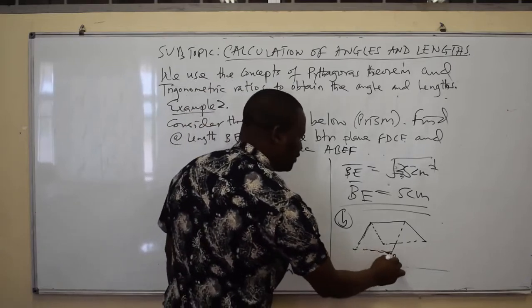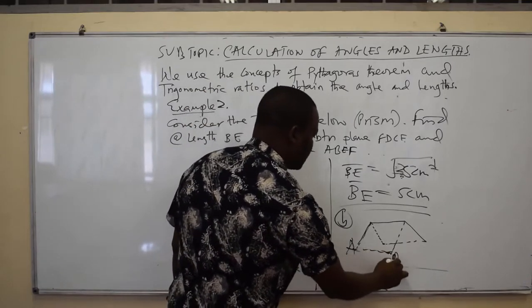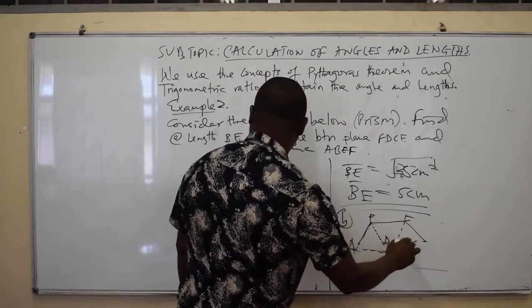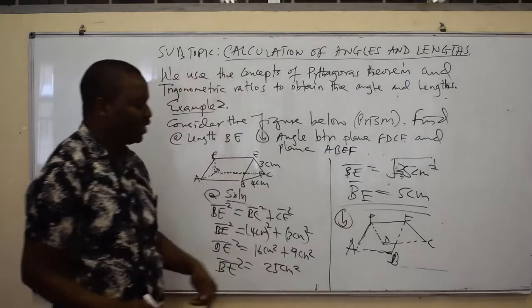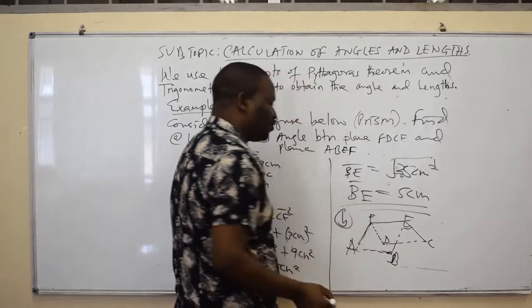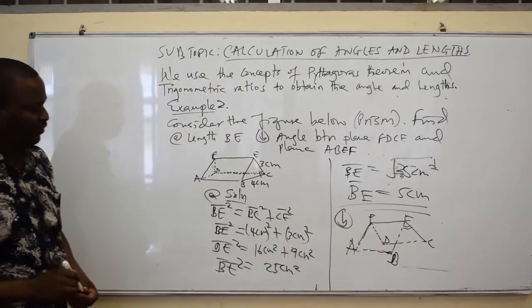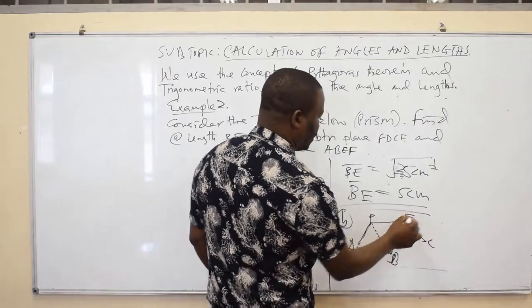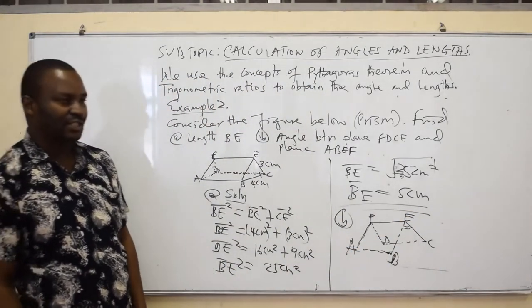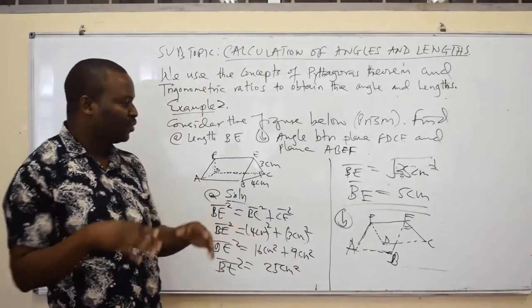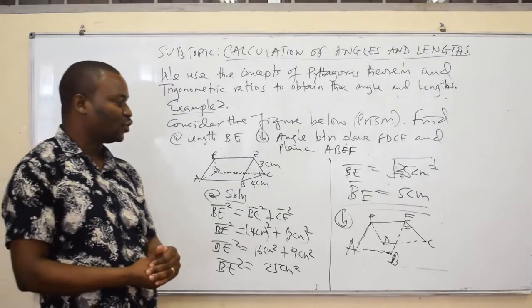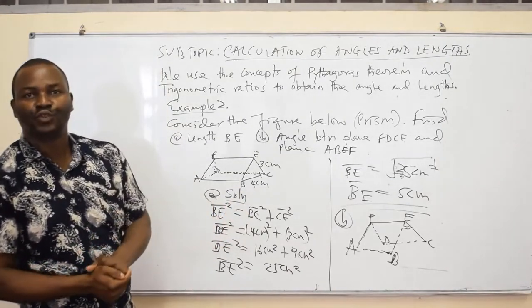So this is B, this is A, and also we have F here, we have E there, we have B, and we have C. So we have the two planes there. Now the angle required is this one, which is made by the edge EF, the edge obtained by two planes. When two planes meet, they form an edge. Now that edge can also be used as an angle made by two planes.